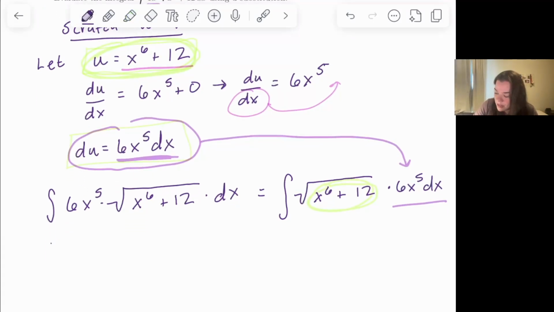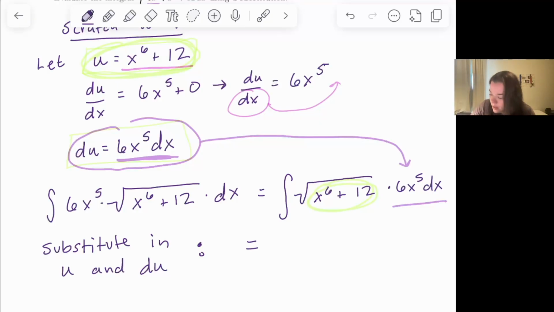So the next step is the substitution step. Substitute in u and du. Doing so, based on what I've defined u and du to be, I wind up with the square root of u times du.